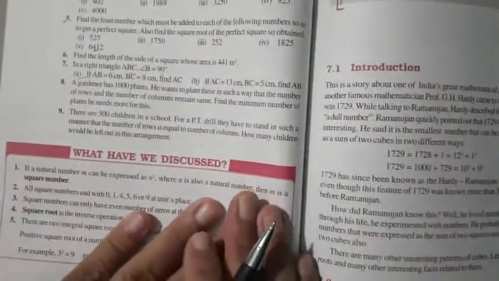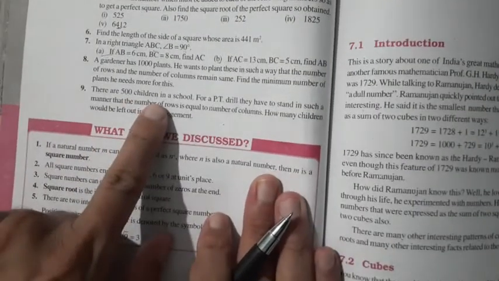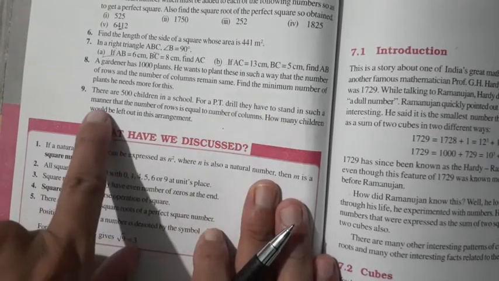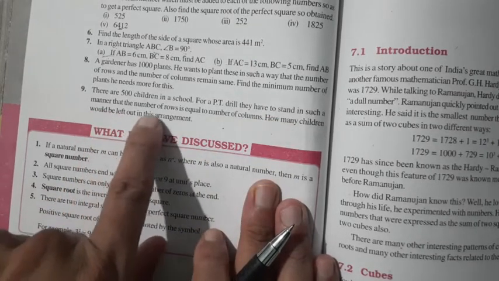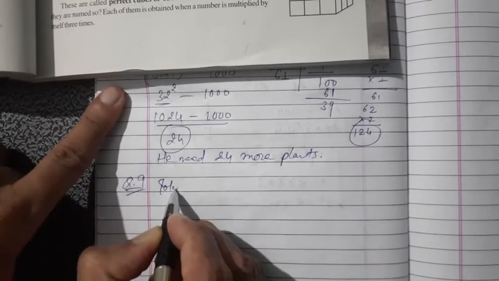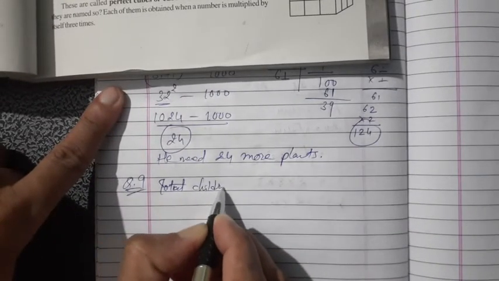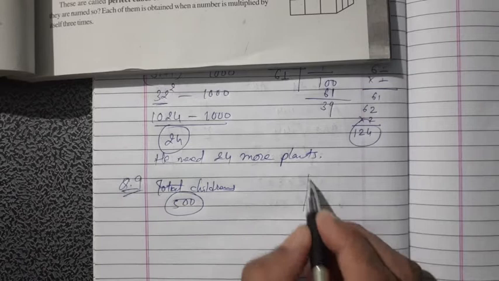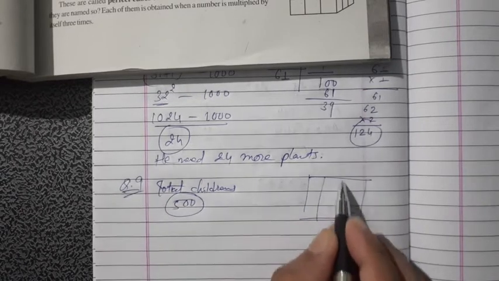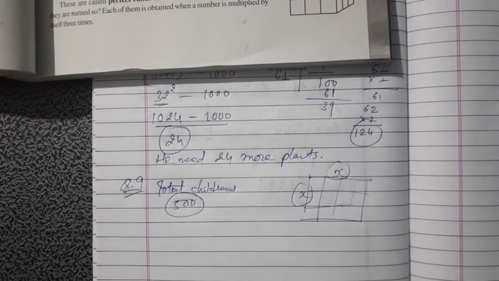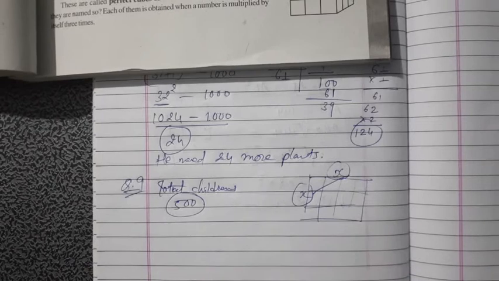Next one, question number 9. There are 500 children in a school. For a PT drill, they have to stand in such a manner that the number of rows equals the number of columns. Total children equal 500, and they arrange so that columns and rows are the same.